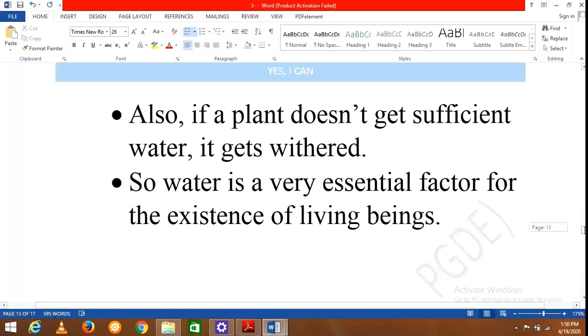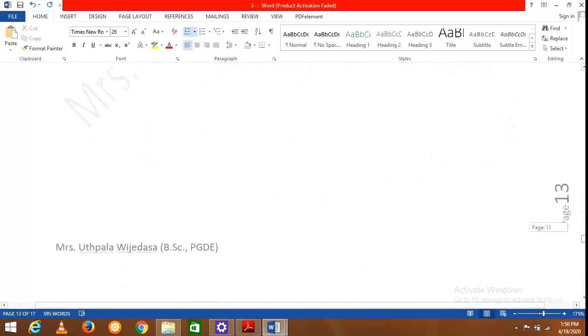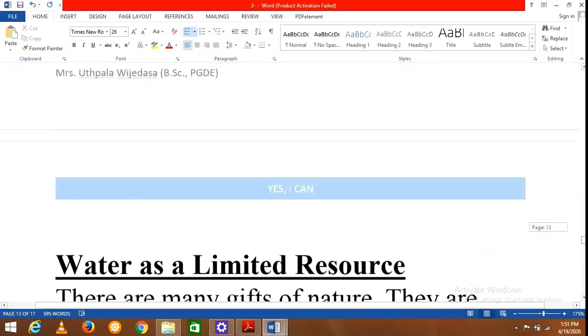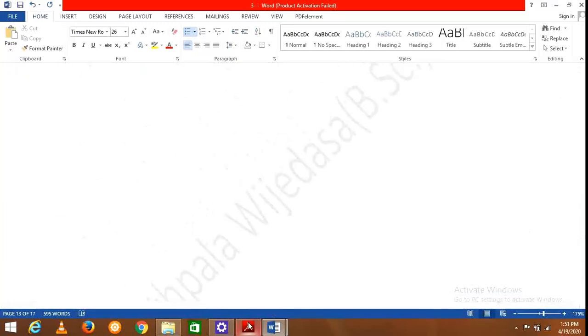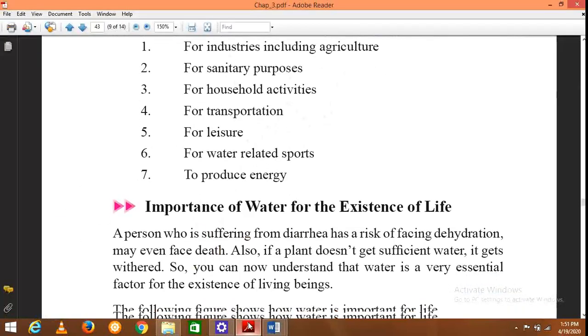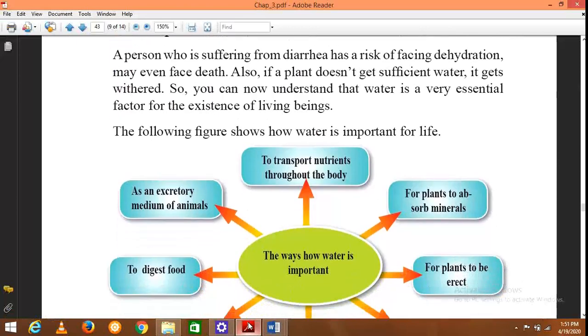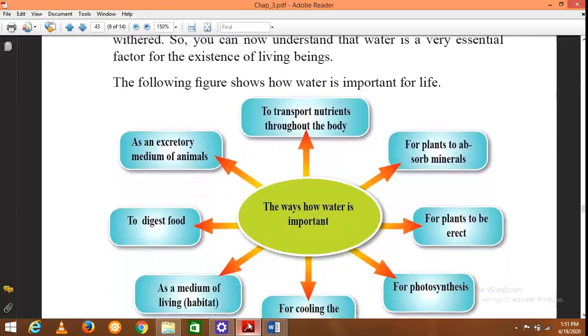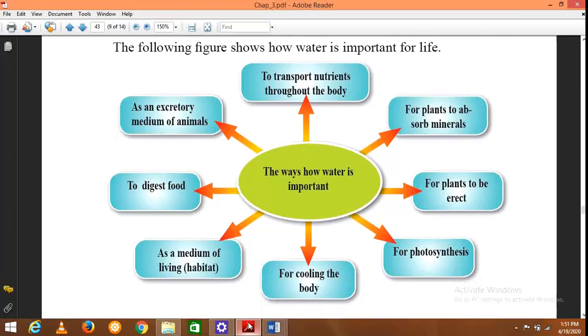Now we'll see what these important factors are. Here you can see the importance of water for the existence of life. First, it has been mentioned to transport nutrients throughout the body. If we consider the animal body or the human body, blood is the main transportation medium.